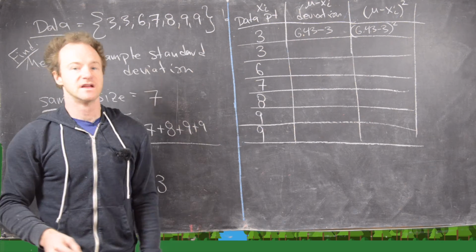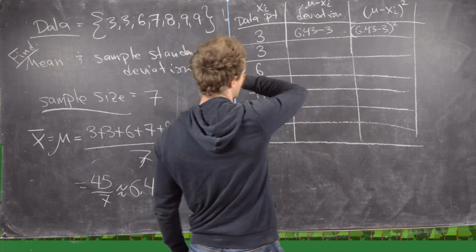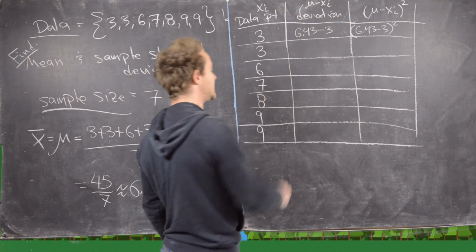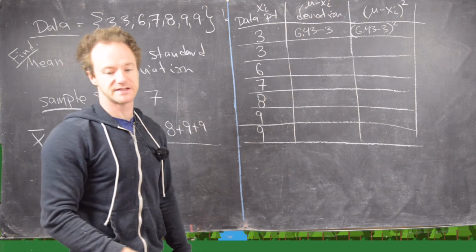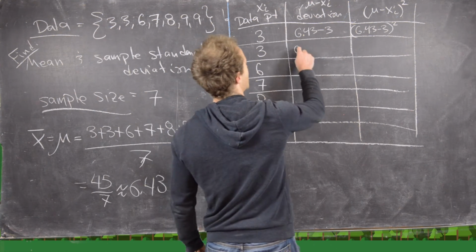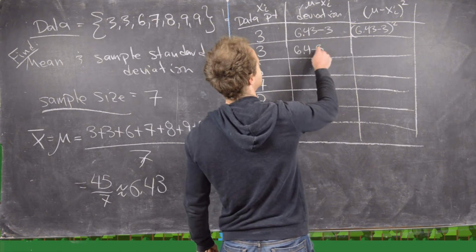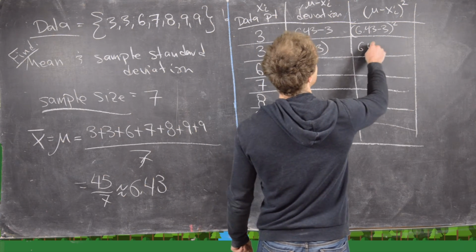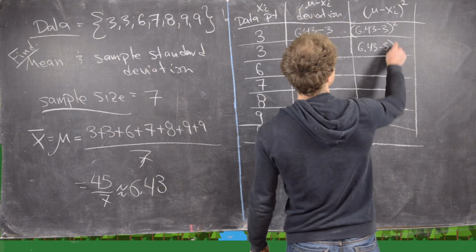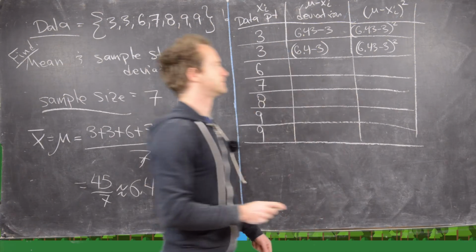Okay, good. And then the next thing that we want to do is continue that down all of these columns. So here we'll have 6.43 minus 3, and then here we'll have this quantity, 6.43 minus 3 squared.